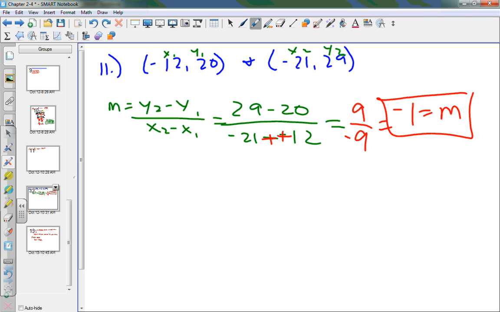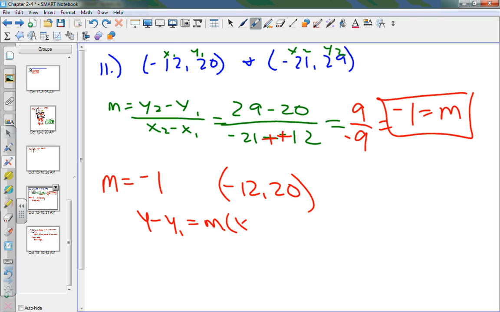So now I have m is negative 1, and I have to choose a point. What point would you like to choose, Brooke? The first one, because that will make it really easy. And what method do I have to use on the back? Point slope. y minus y1 is equal to m times x minus x1. And what do we have to label our point when we are using point slope? x1, y1, very good, Alexis.